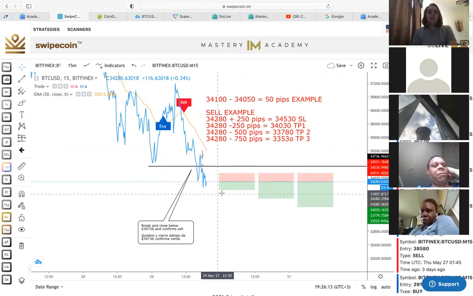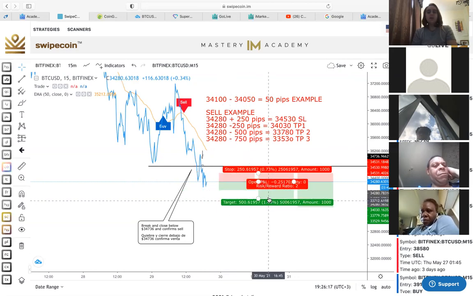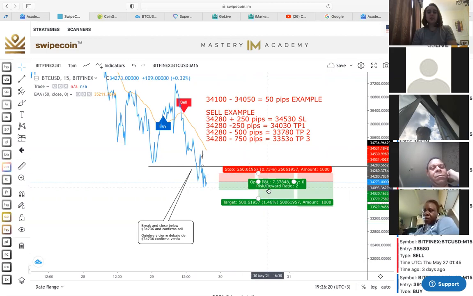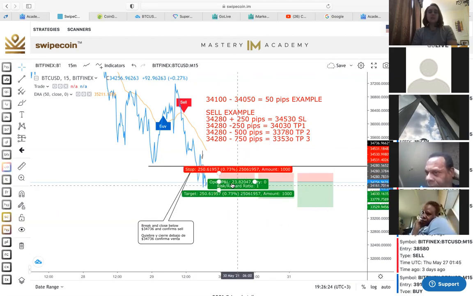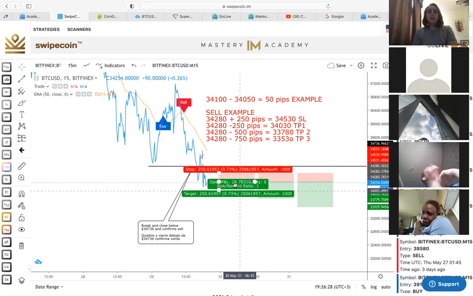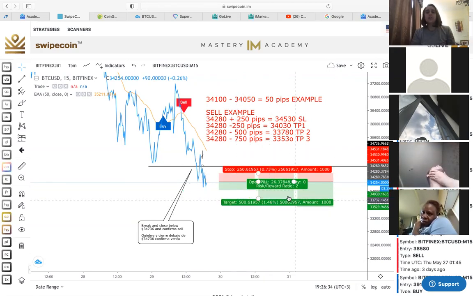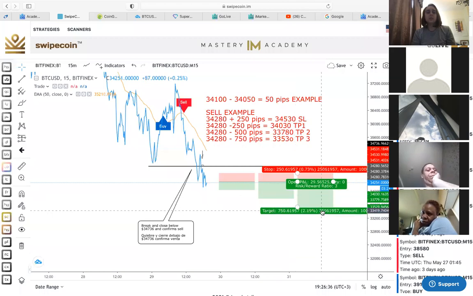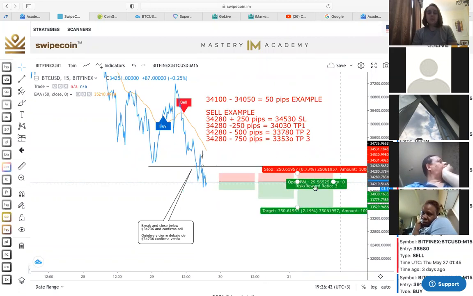However, once our first one hits take profit 1, we've now got 2 more opportunities for the trade to carry on running. So this works really well for people that are using a 0.01, because it means that you can secure partials along the way. You can secure take profit 1, take profit 2, take profit 3, but you don't risk any more because your stop losses are the same.